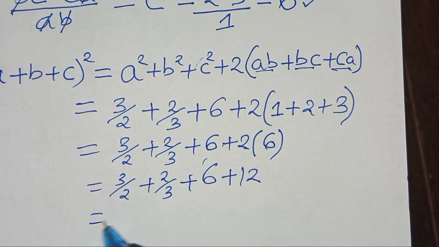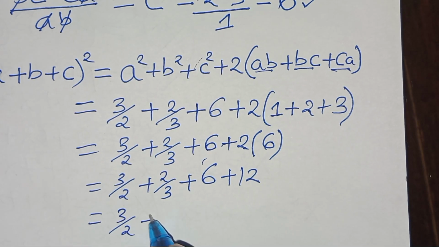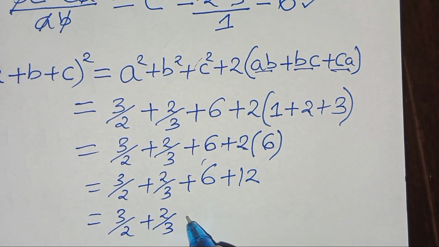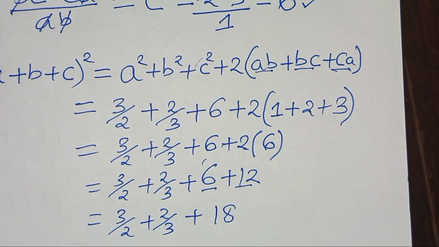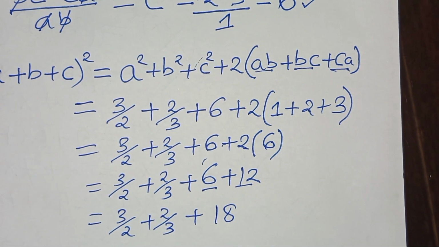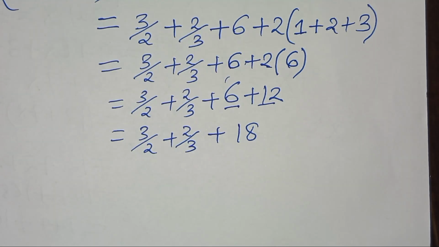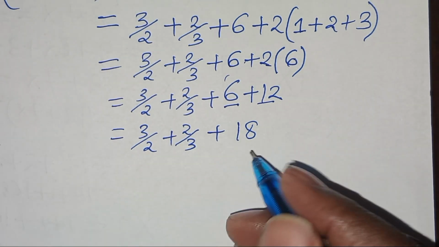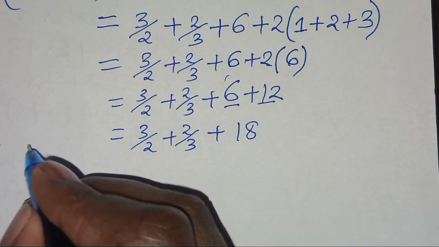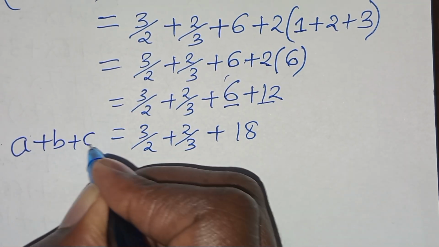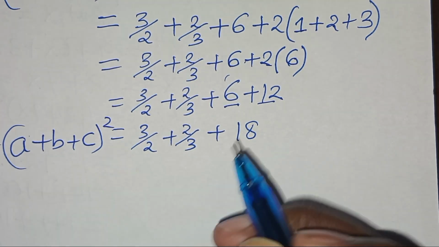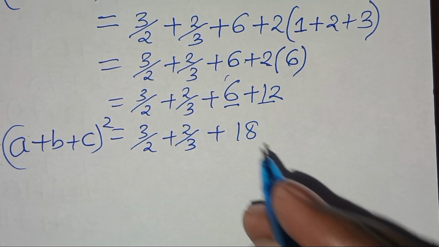So here we'll have 3 over 2 plus 2 over 3 plus 12 plus 6, this is equal to 18. Now, the next step from here, we have a plus b plus c squared.